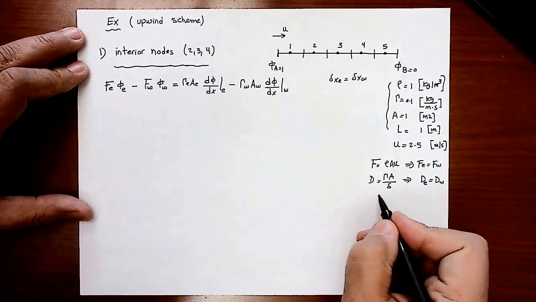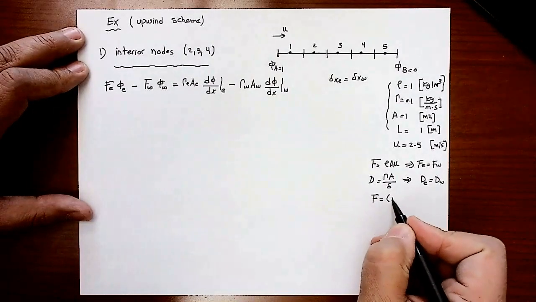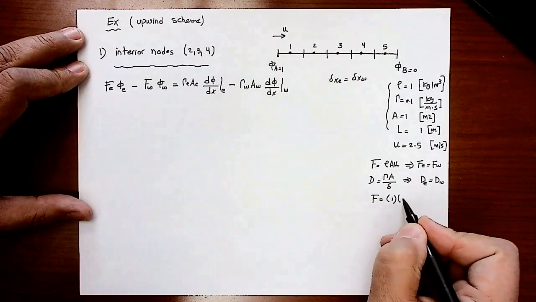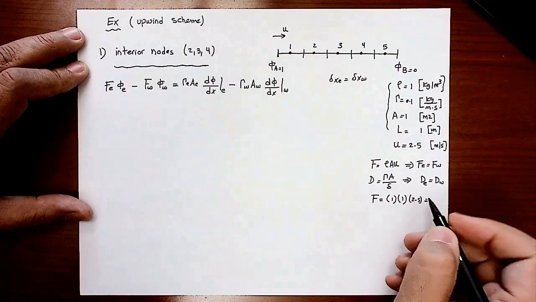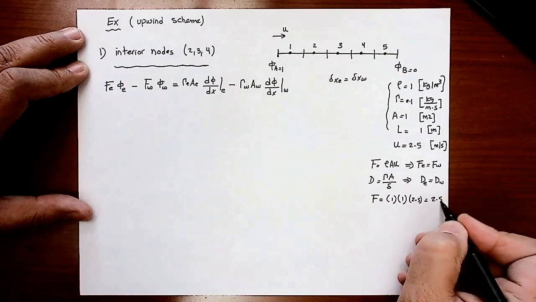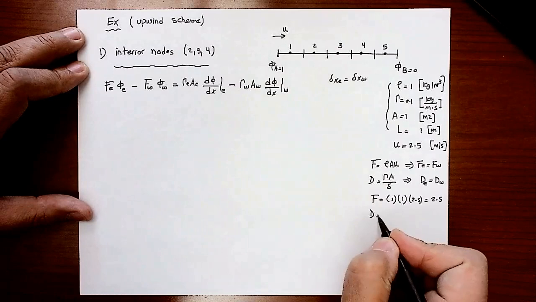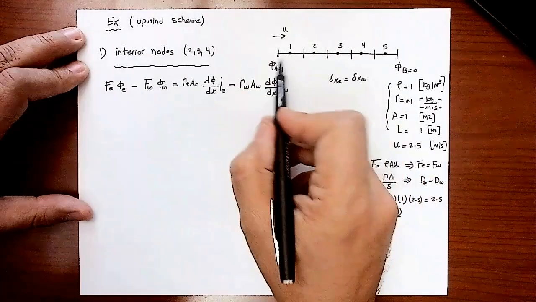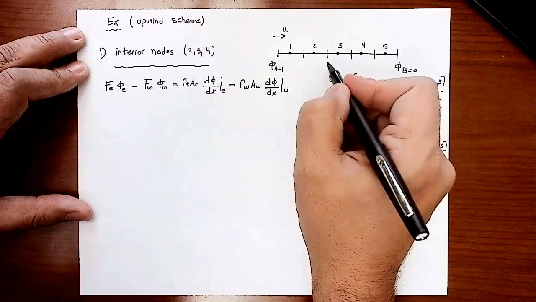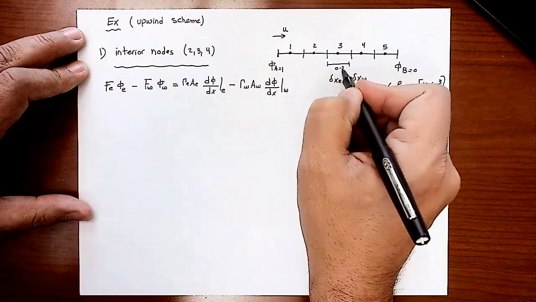Let's calculate the value of F. F is rho, which is 1, and A is 1, and U is 2.5. So the F value is 2.5. Then I have D, kappa is given by 0.1. The area is 1. And since we divided the 1 meter into 5 domains, that distance is actually 0.2.